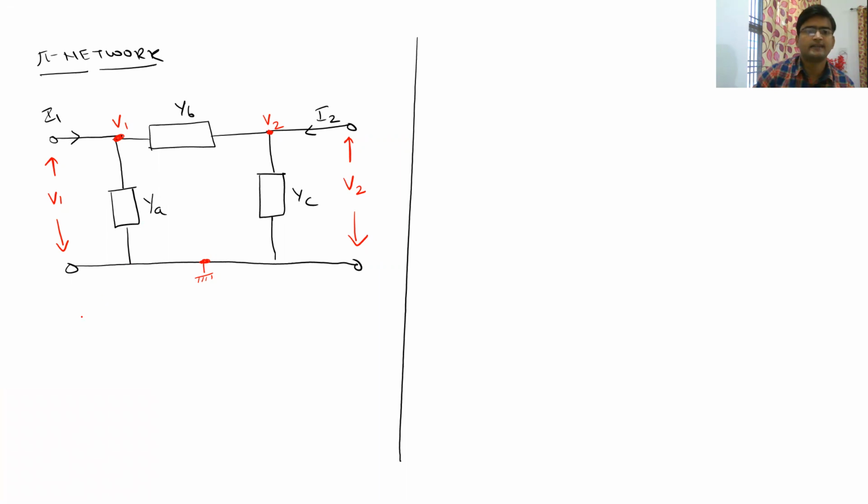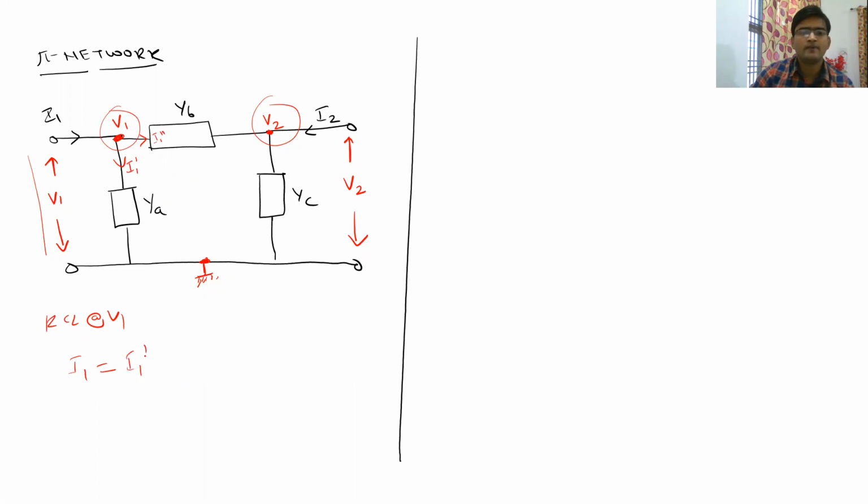So let us write the KCL equation. So KCL at V1. So this is the input voltage. I have taken this node as a reference node here, and this is our V1. So if this whole voltage is V1, this point will also be V1, and similarly this point will be V2 voltage, right? So applying KCL at V1, we will have I1 is equal to this current plus this current. Let me call it I1 dash and this as I1 double dash, right?